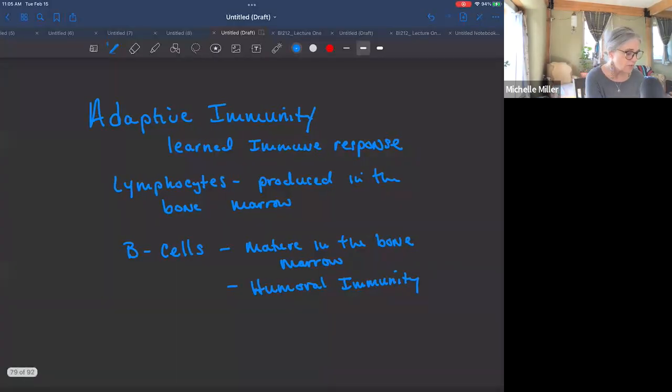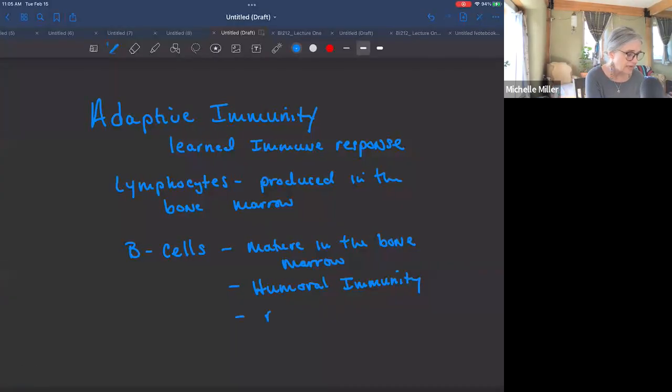So these are responsible for antibody production. And we'll talk more about these antibodies in a minute. Okay, so we have the B cells.